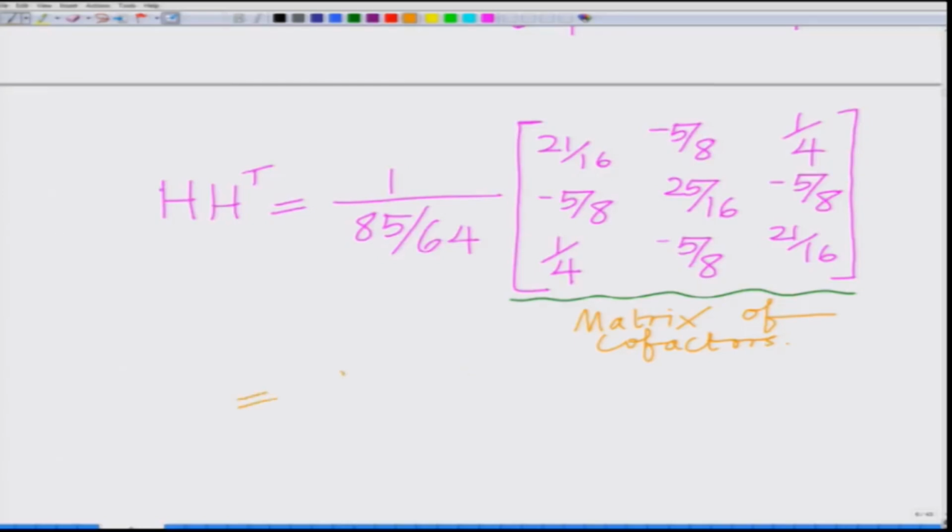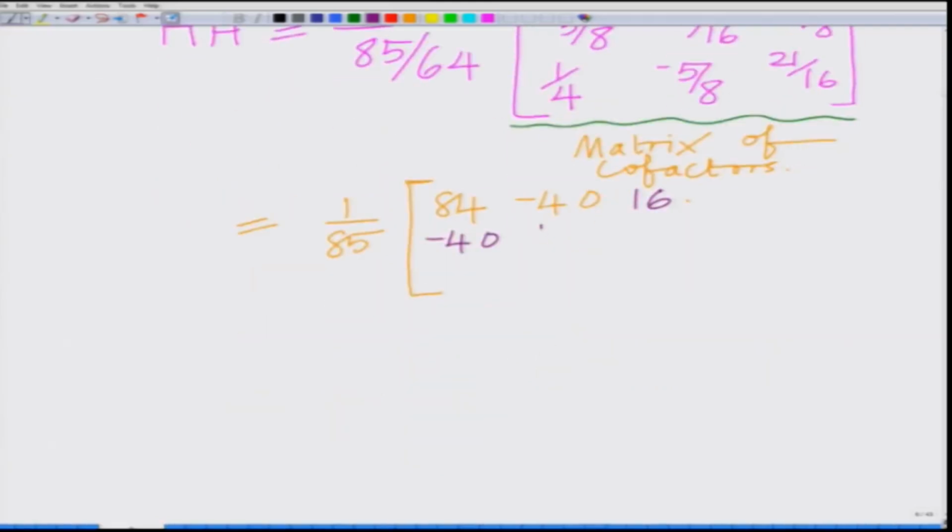And now taking the factor of 64 inside, you can further simplify this as 1 over 85 times the matrix 84, minus 40, 16; minus 40, 100, minus 40; 16, minus 40, 84.